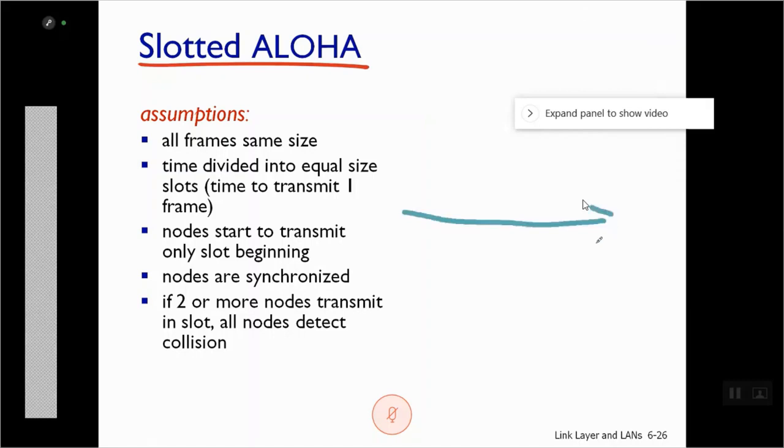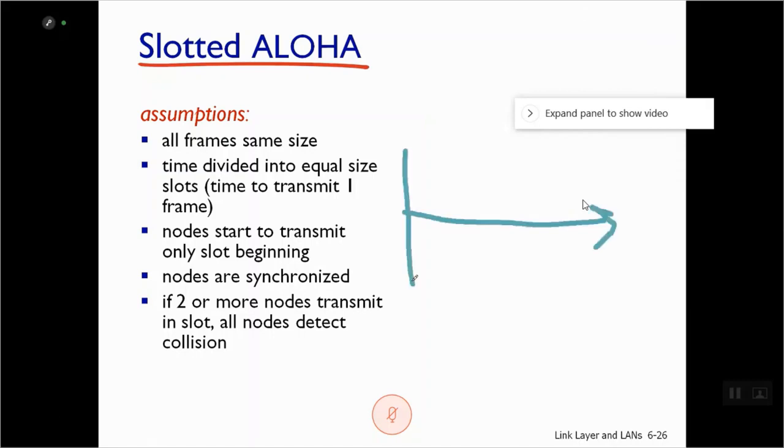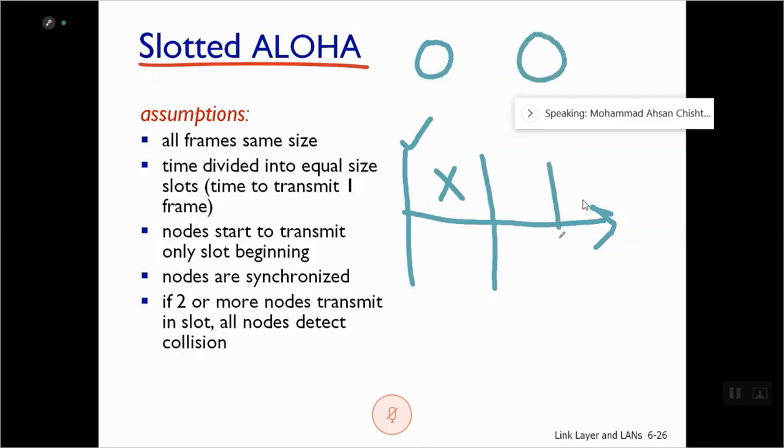Now what would happen here? At the beginning of the time frame, let's say here, if a collision occurs, both the senders, node 1 and node 2, could not send. Then we have the next time frame, that is this one.